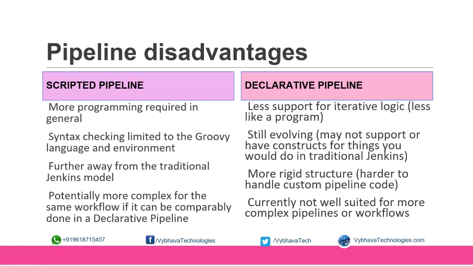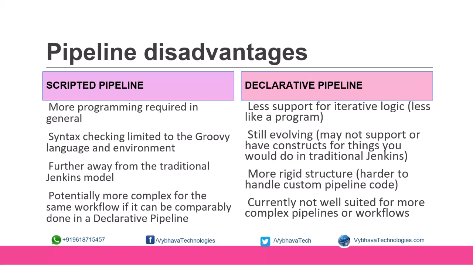On the scripted side, the same workflow is potentially more complex compared to doing it in the declarative pipeline. Currently both are in use, and it depends on what kind of user it is and how much experience they have. So that makes sense for working with scripted and declarative.